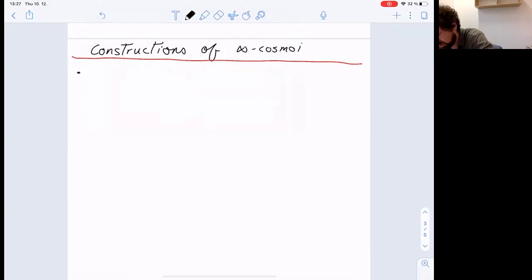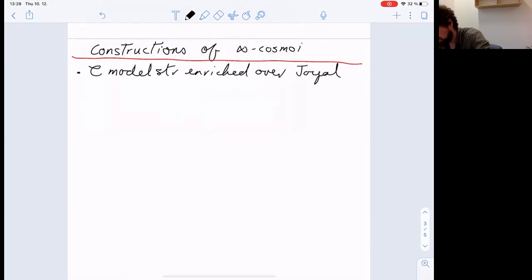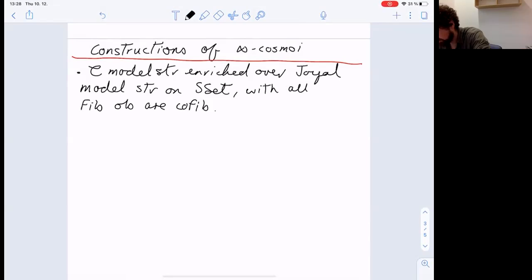The core building block of examples of these things is that if you have a model structure enriched over the Joyal model structure on simplicial sets, in which all fibrant objects are cofibrant, then the full subcategory of fibrant objects is an infinity cosmos.